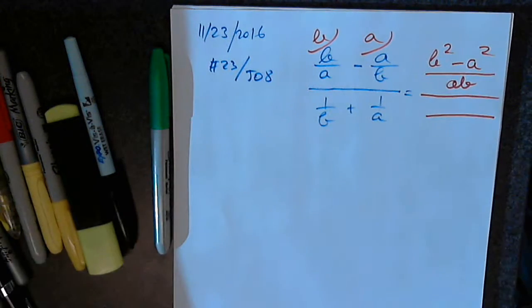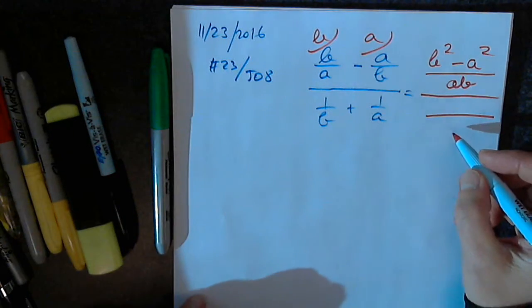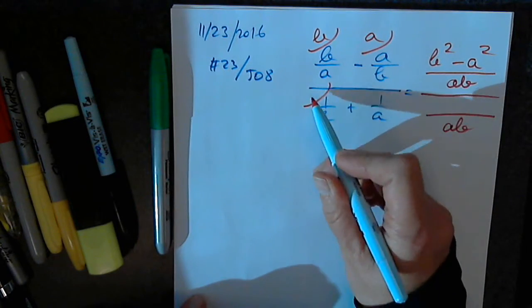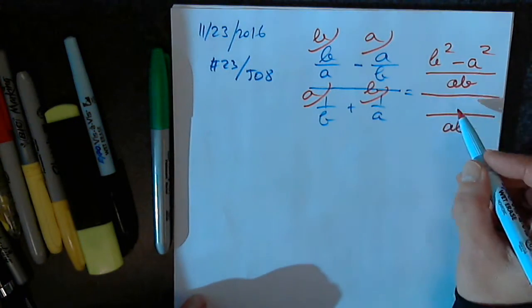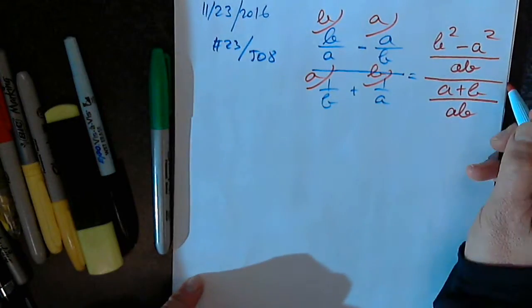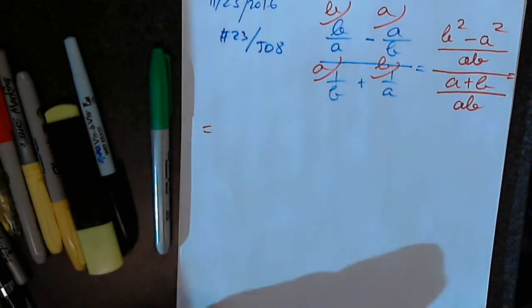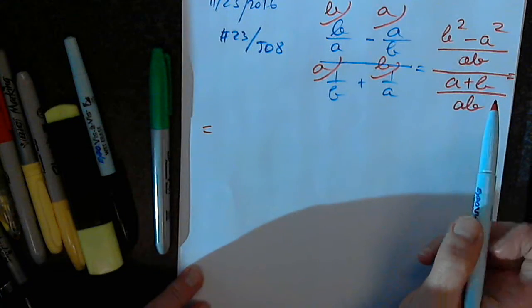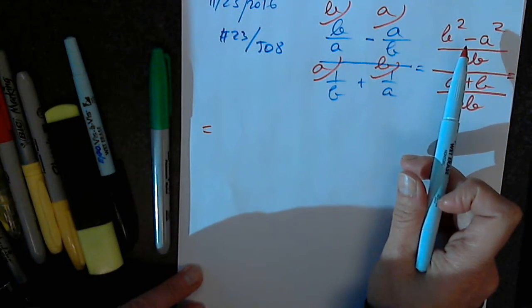Do we all agree with the simplified form so far of the numerator? Okay, now the denominator, please. It's AB, and it's gonna be a and then b. So a plus b. We all agree with this step? Yes. Okay. Good.